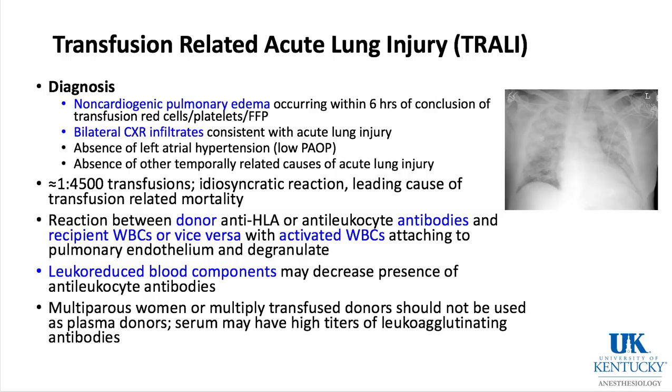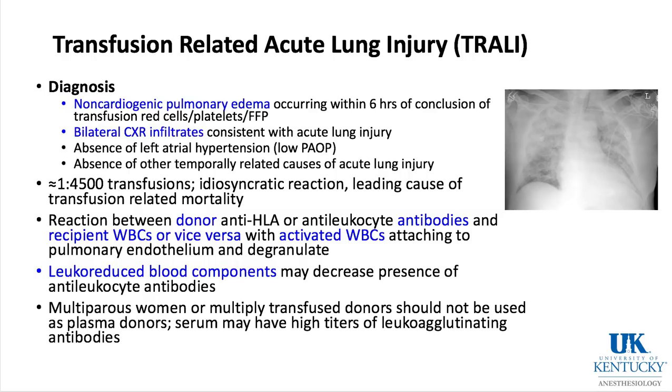This is a good heart, but the problem is the leaky membranes in this lung. The bilateral chest x-ray infiltrates are consistent with acute lung injury. They're occurring within 6 hours of conclusion of this transfusion.